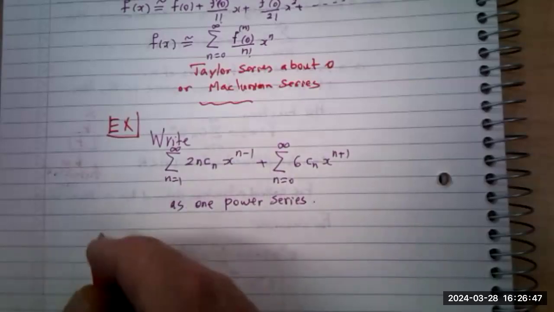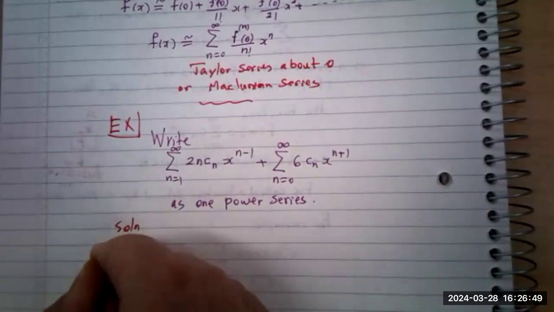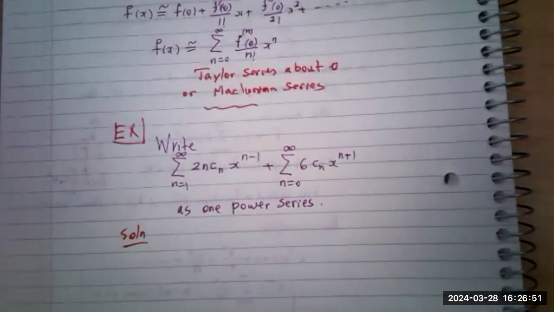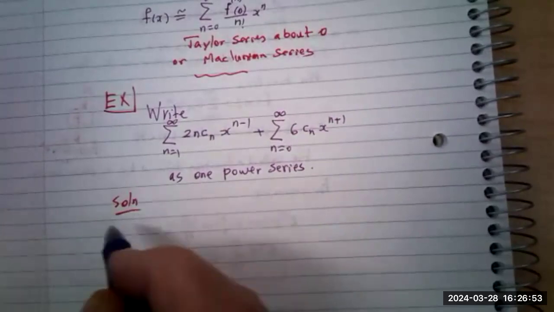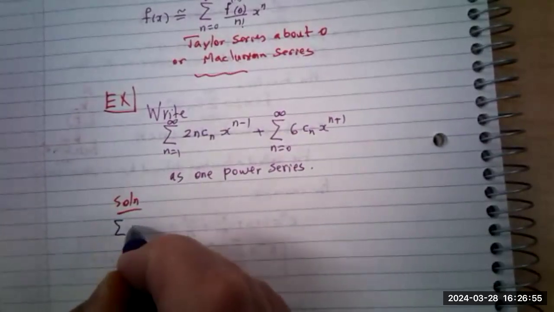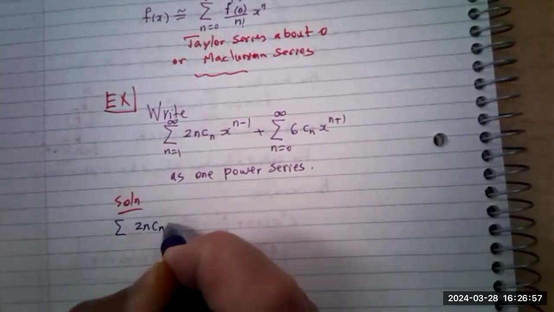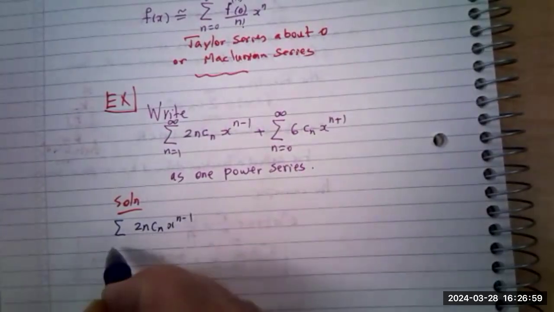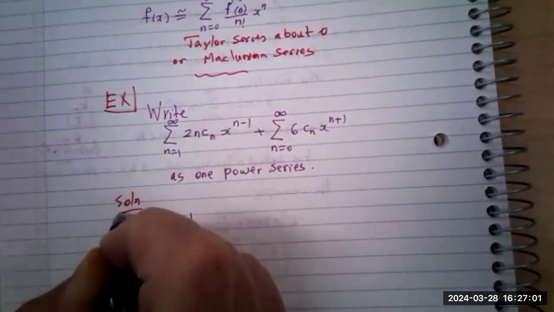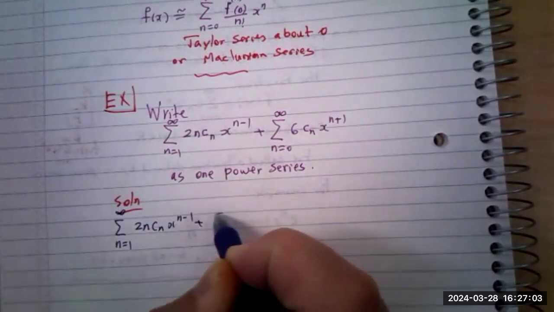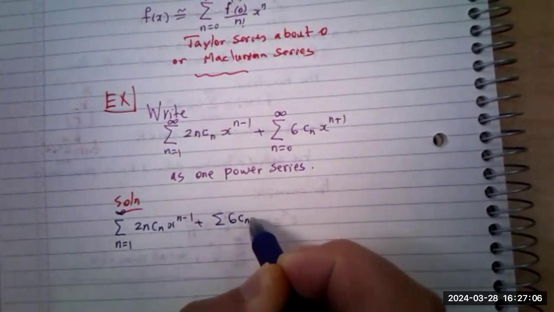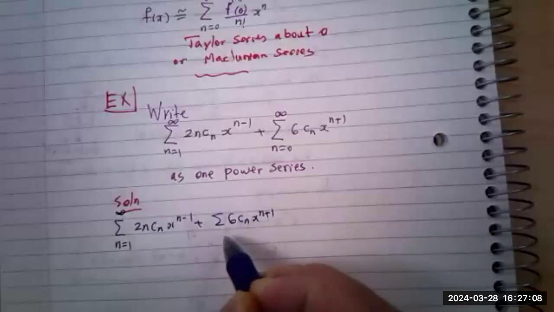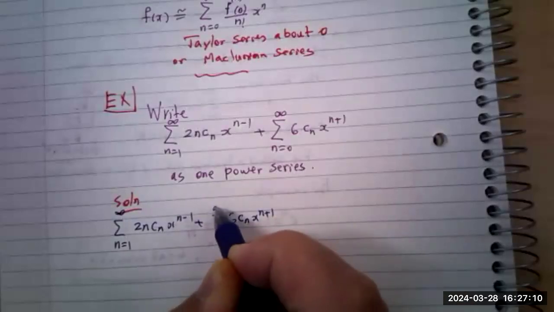Okay, so solution. I'm going to rewrite it. This is the given one: the sigma of 2n Cn x to the n minus 1, n from 1 to infinity, plus the sigma of 6 Cn x to the n plus 1, n from 0 to infinity.